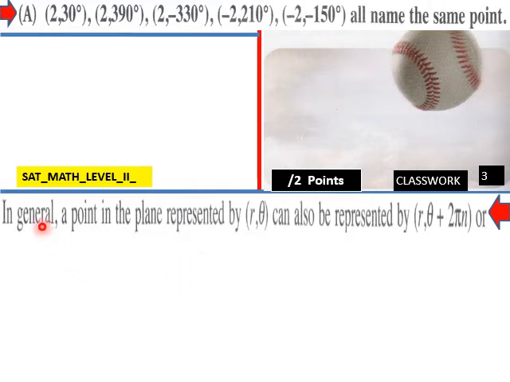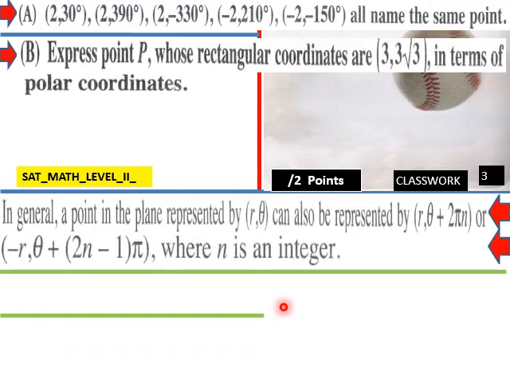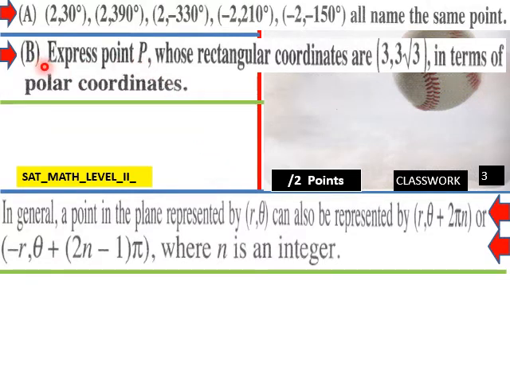In general, a point in the plane represented by r, theta can also be represented by r, theta plus 2 pi n, or negative r, theta plus (2n minus 1) pi, where n is an integer. So you could rename it in an infinite number of ways by how many times you go around in a circle on the coordinate plane.